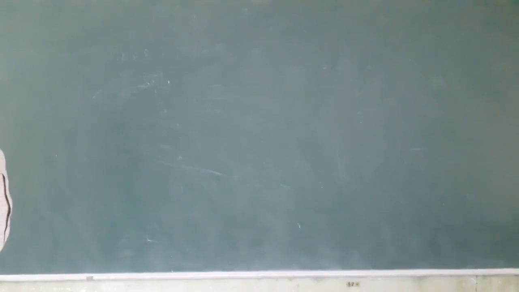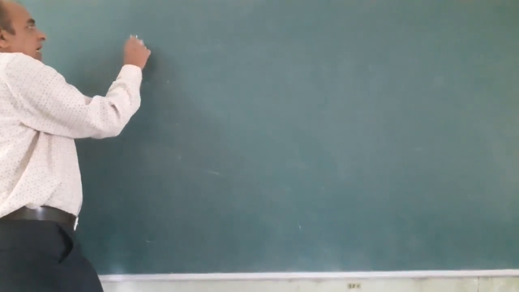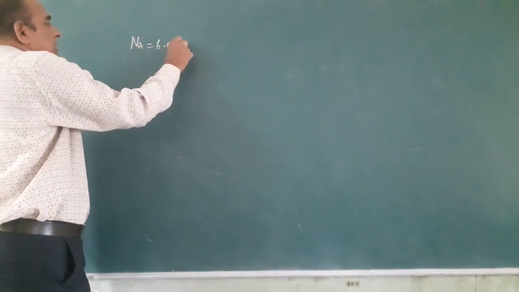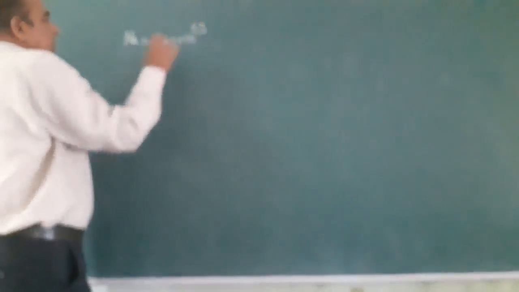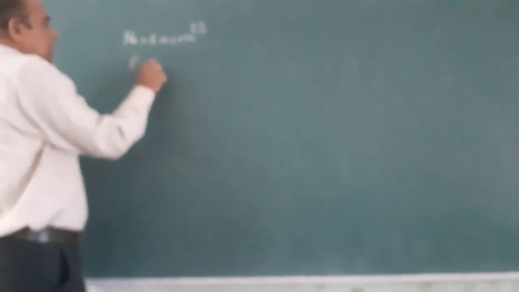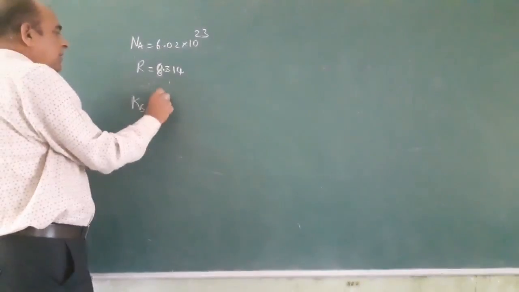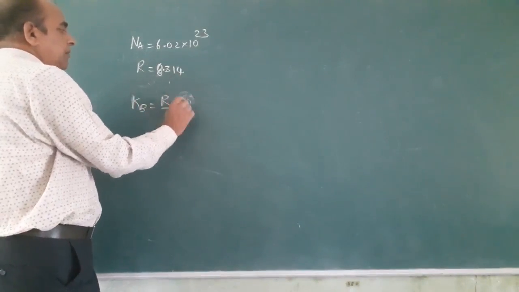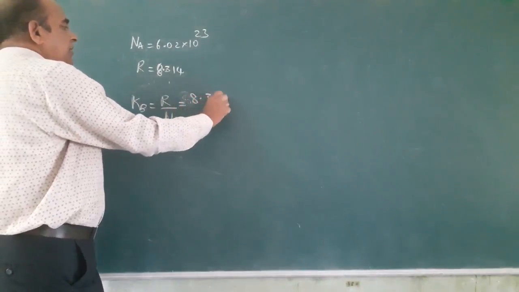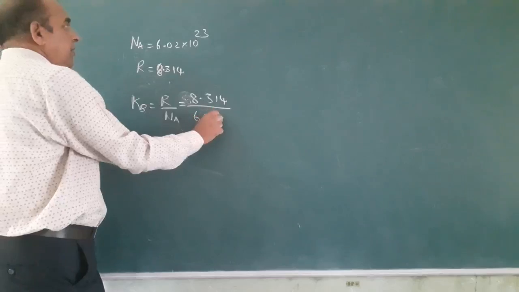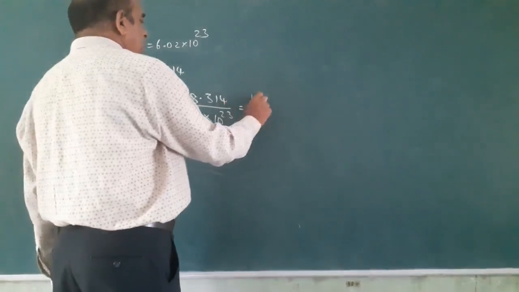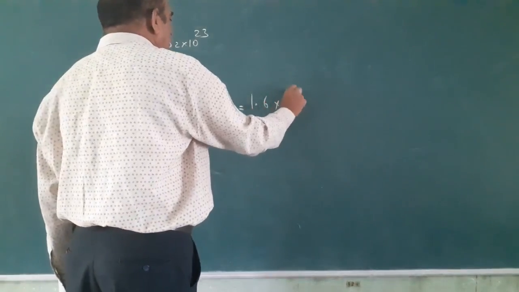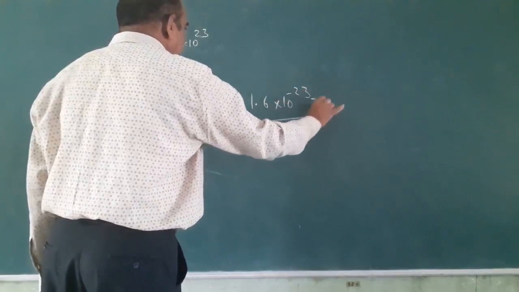You know Avogadro number is 6.023 into 10 power 23, and capital R is 8.314. Therefore, Boltzmann's constant, capital R by Avogadro number, is 8.314 divided by 6 into 10 power 23, so approximately 1.6 into 10 power minus 23 joule per Kelvin.